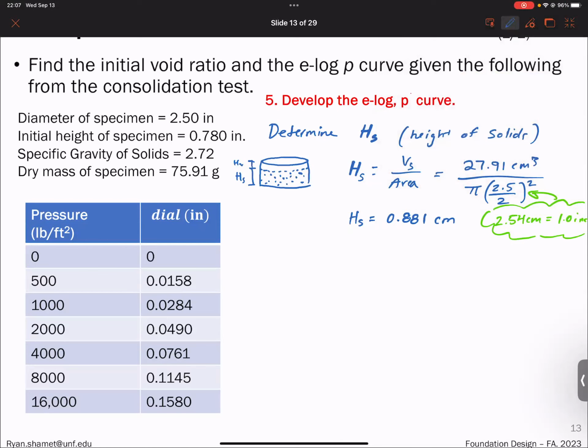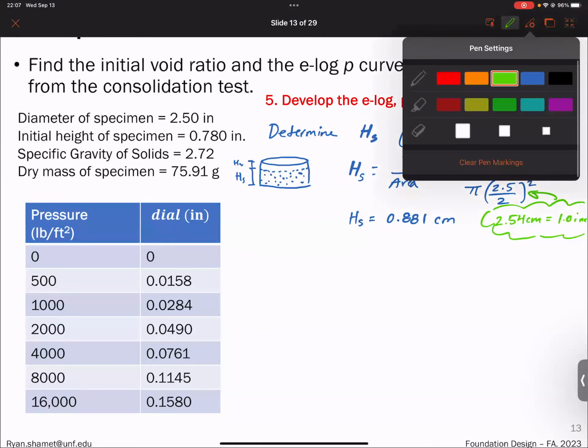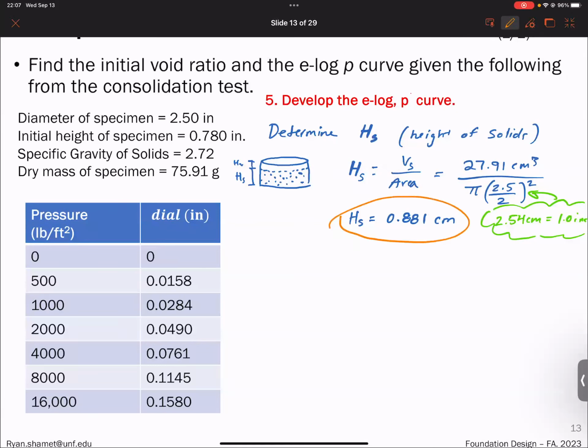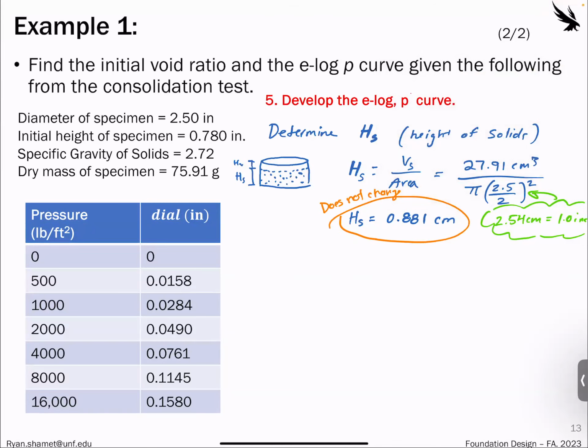Once we find this height of the solid, we need to find the change in void ratio each time. Remember, this height of solid does not change through the entire test analysis. We're assuming this is not changing. So what we need to do next is find that change in void ratio. The change in void ratio is the change in the volume of voids divided by the volume of solid.